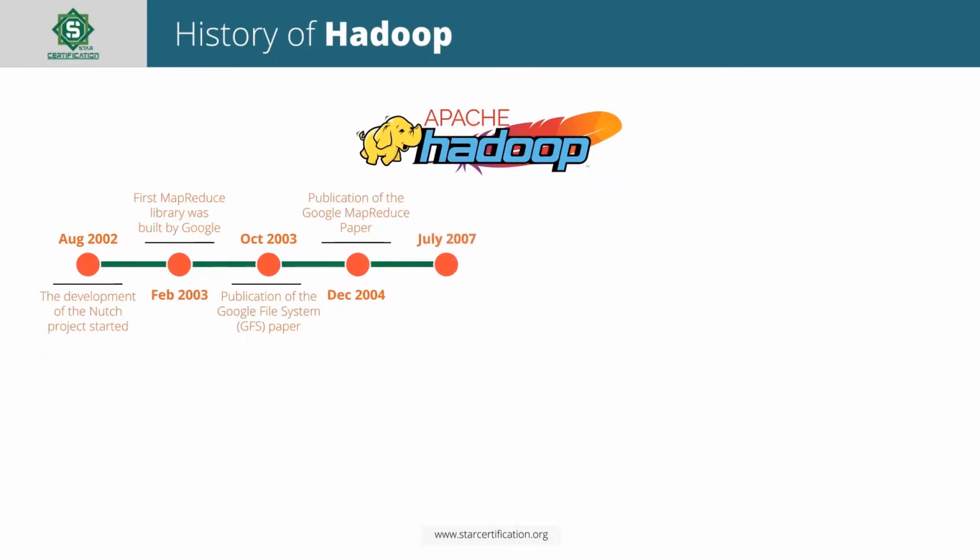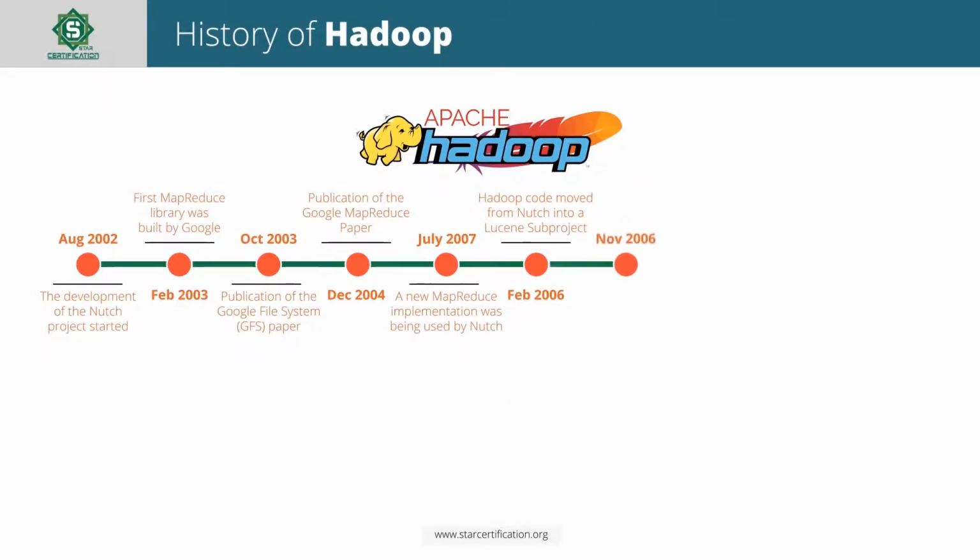July 2005, a new MapReduce implementation was being used by Nutch. February 2006, Hadoop code moved from Nutch into the Lucene sub-project. November 2006, publication of the Google Bigtable paper.